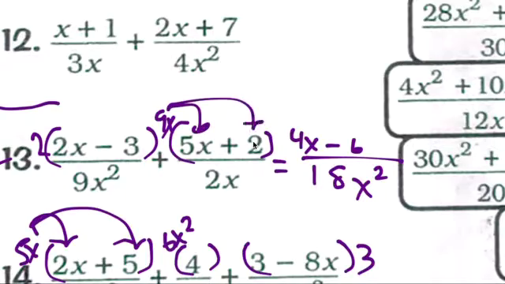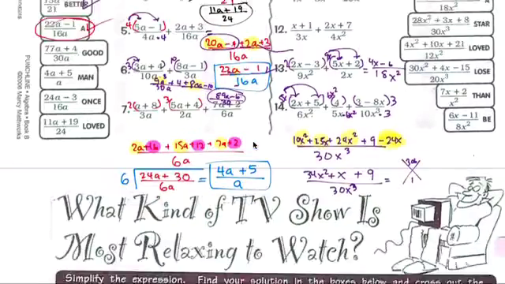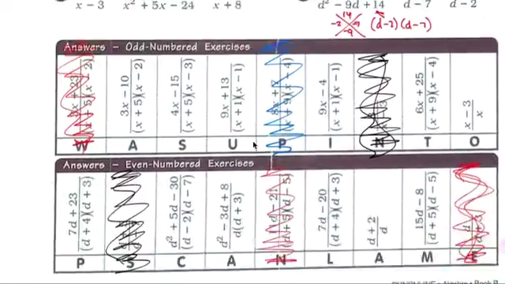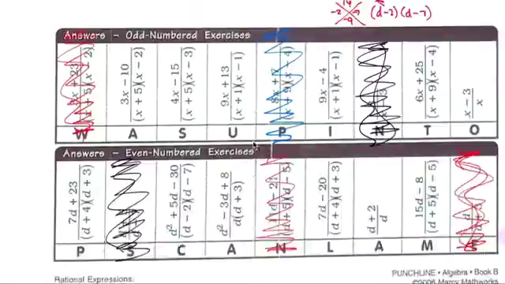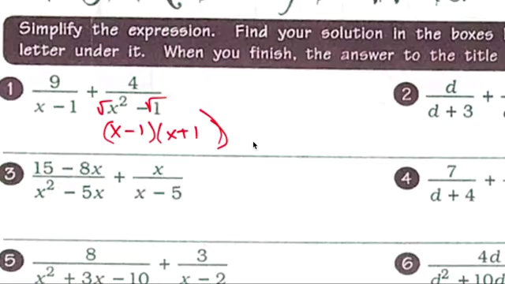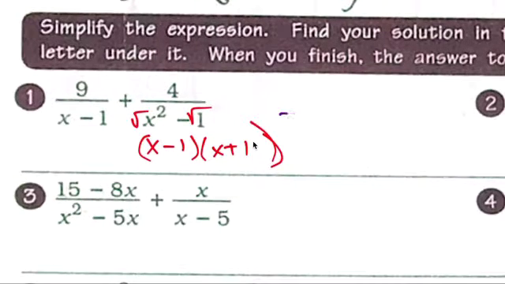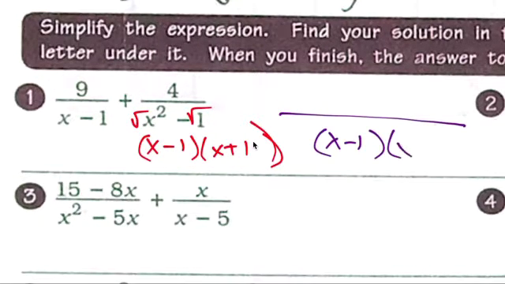Distribute, and then simplify, okay? We did a lot of it on paper, but for the person that is absent, the common denominator is x minus 1 and x plus 1.